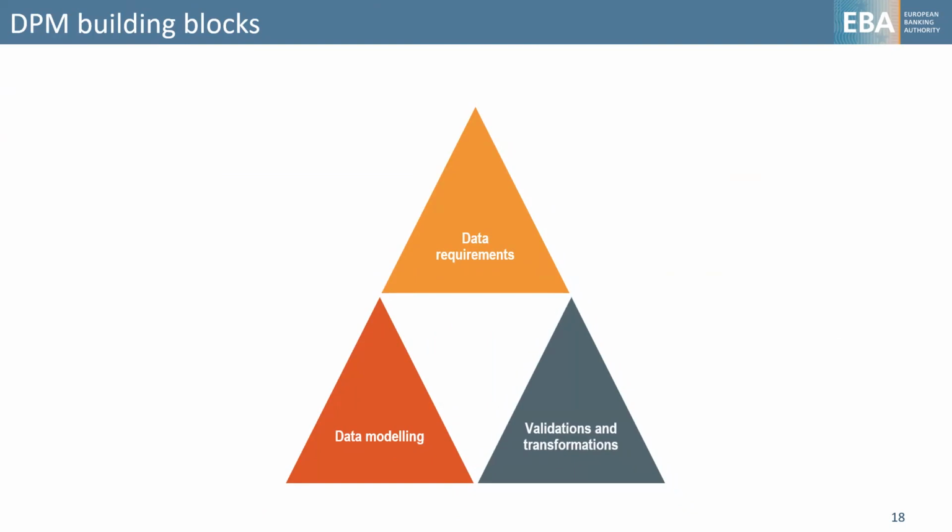We have validation rules, and we have transformations of data to derive new data points from existing data points. And all of this should refer to a common data glossary, which is basically the thing that will also enable the semantic integration between different domains. So you can relate this, of course, to what we know now by domains and dimensions and members and hierarchies and this type of model objects.